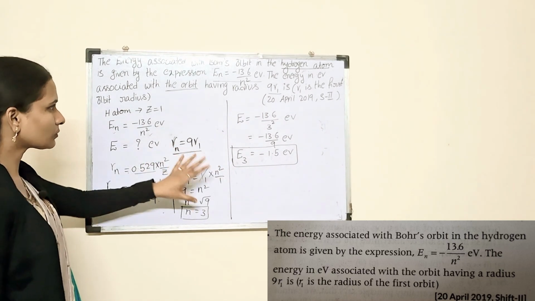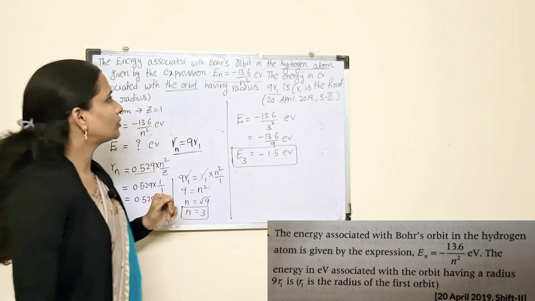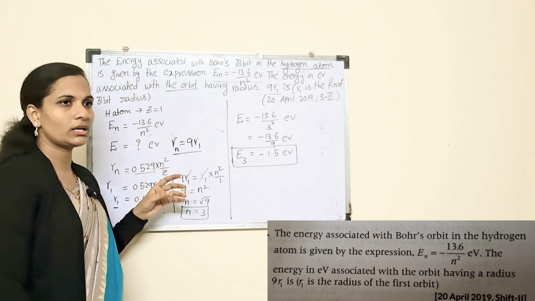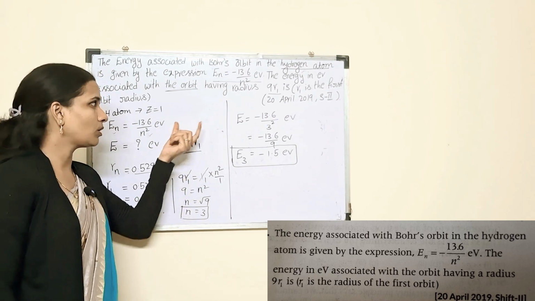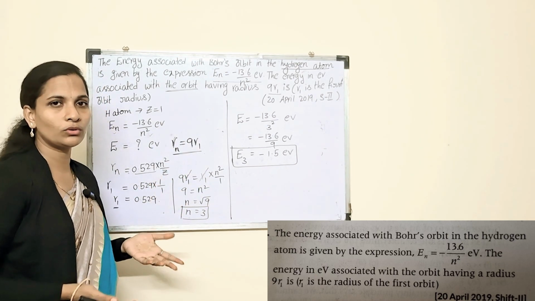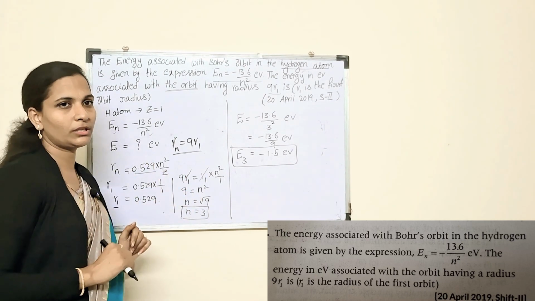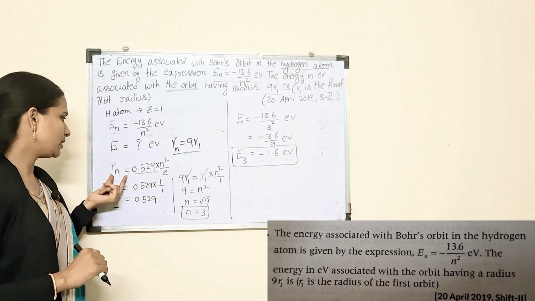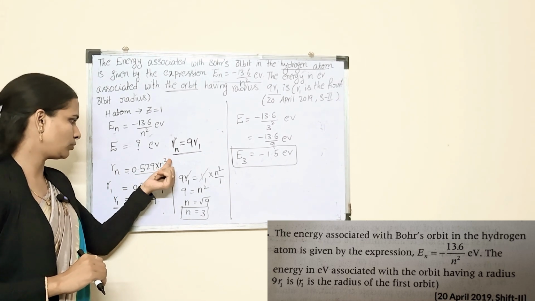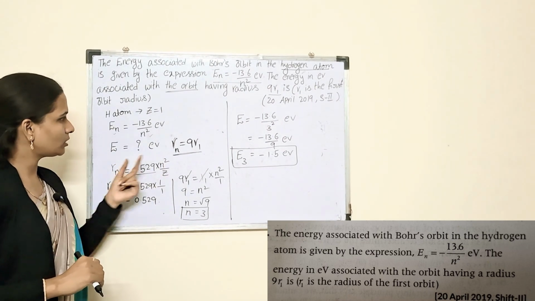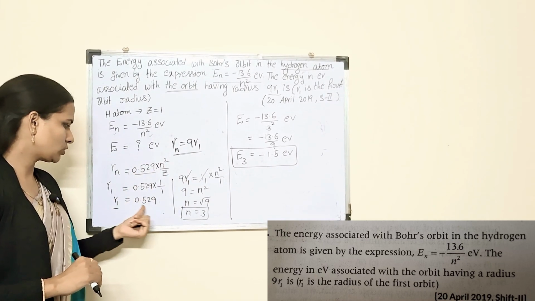So this is the question given in the 20th April 2019 shift 2 paper. In this question, the energy formula and the radius of the orbit are given. We don't know which orbit, but the radius is given as 9 times the radius of the first orbit. We know the radius of the nth orbit equals 0.529 into n square by z, where 0.529 is the radius of the first orbit.